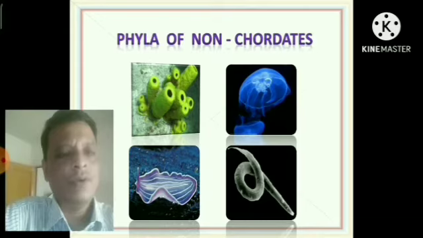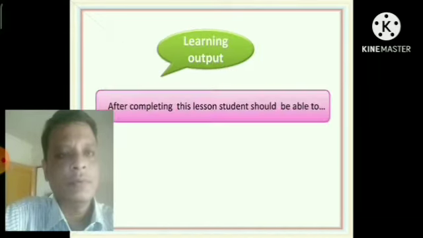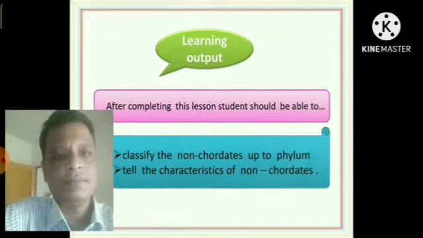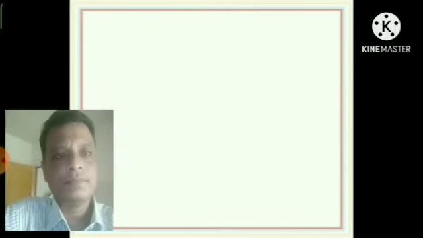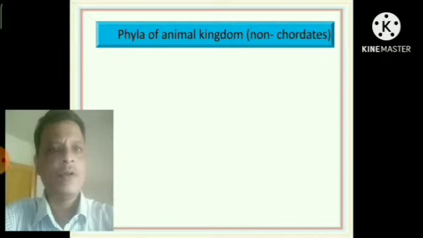The phyla of the non-chordates. Learning outcome: after completing this lesson, students should be able to classify the non-chordates up to phylum and tell the characteristics of non-chordate phyla of the animal kingdom.